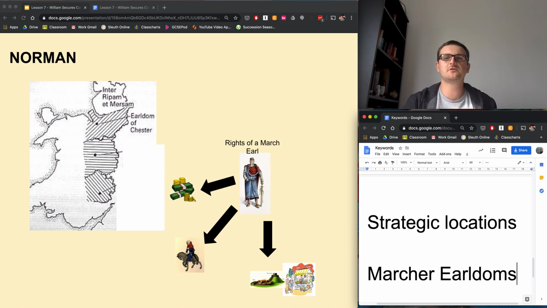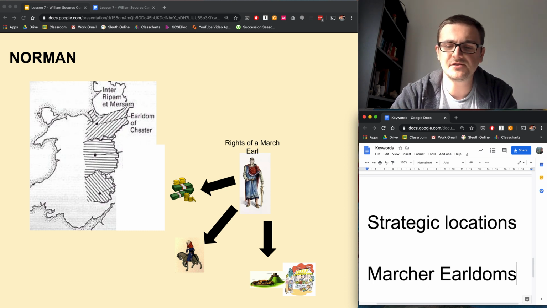There you go, I've typed it on screen so you know how to spell it. If you take a look at this map, you can see 3 marcher earldoms that William created on the border with Wales. At the top, you've got the earldom of Chester, then Shrewsbury, then Hereford.